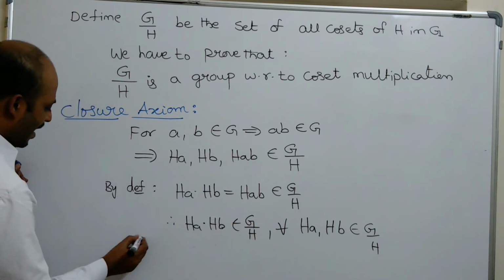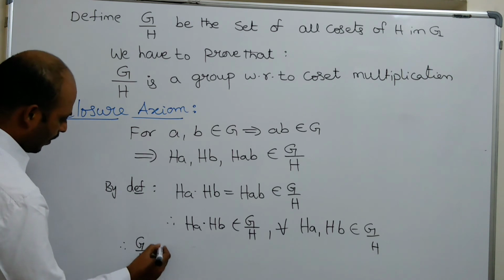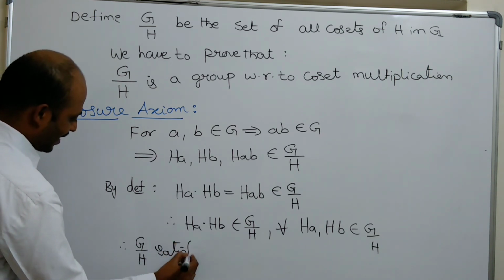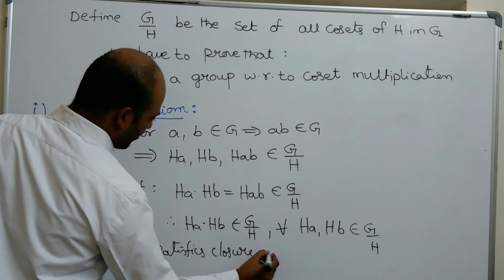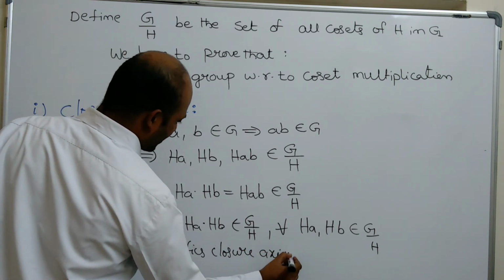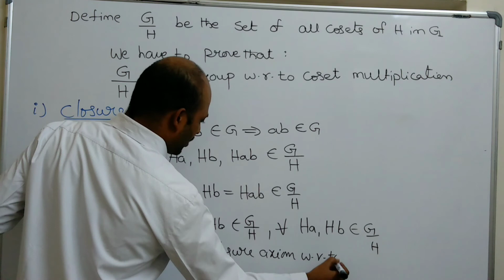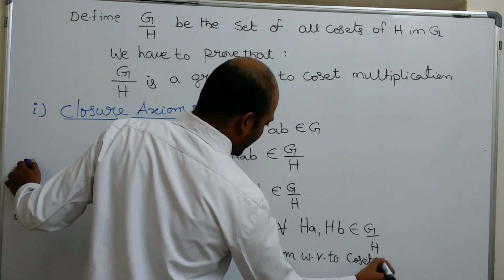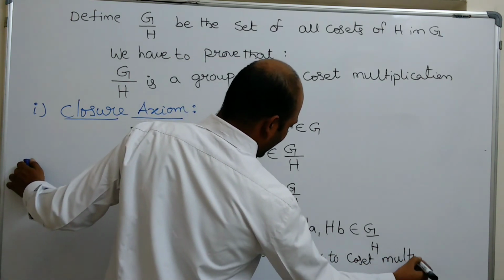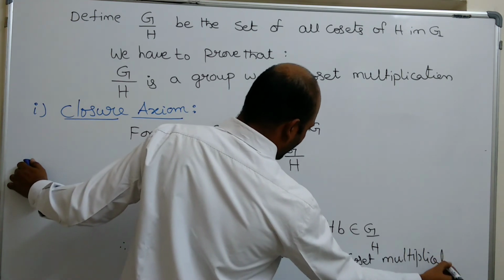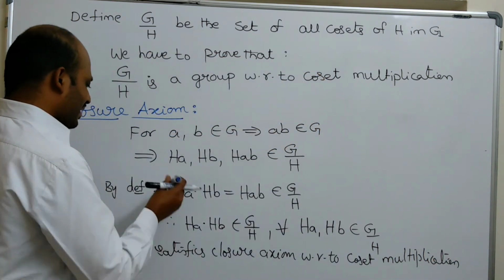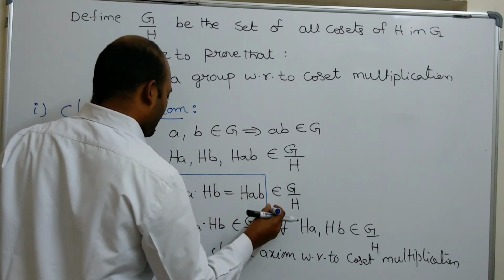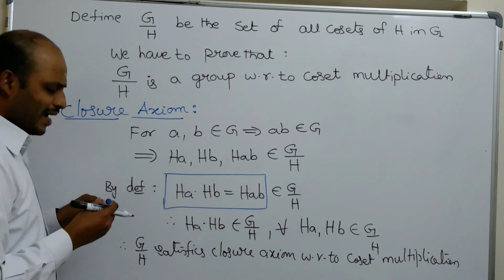Therefore, G by H satisfies the closure axiom with respect to coset multiplication. You observe that this is very clearly the definition of coset multiplication.